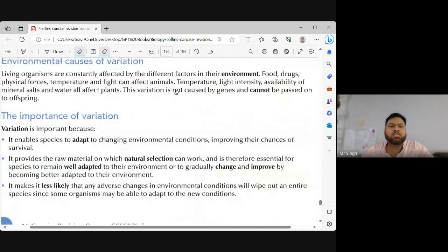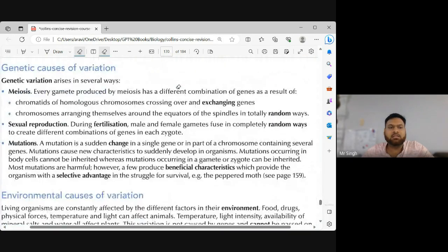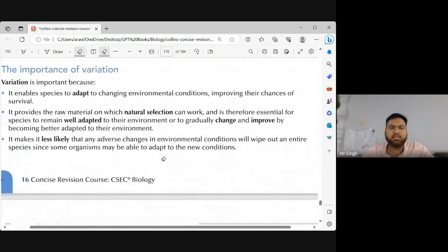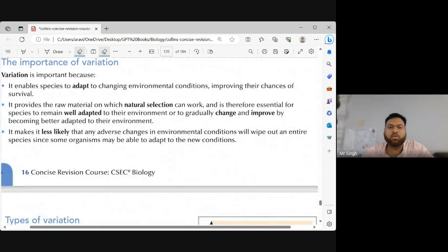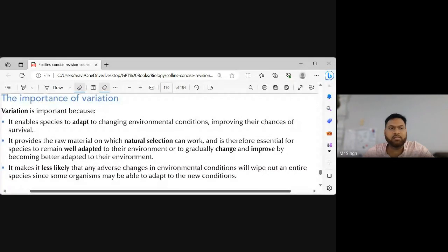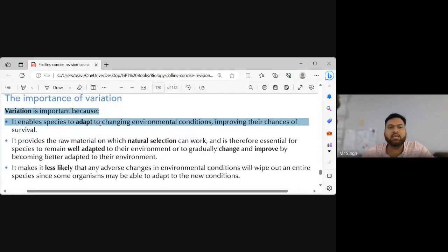So we're going to look now at the different types of variation that we see, and of course the importance of variation. So variation is important because, firstly, it enables the species to adapt to changing environments, improving their chances of survival.